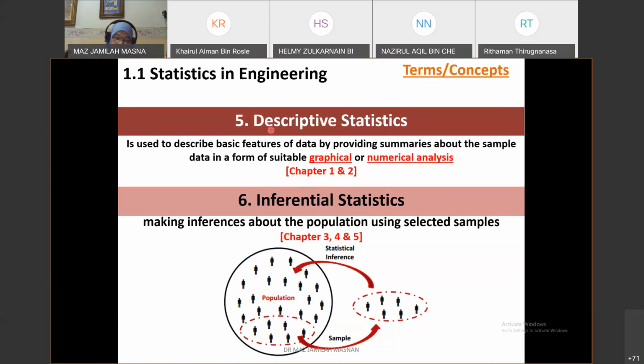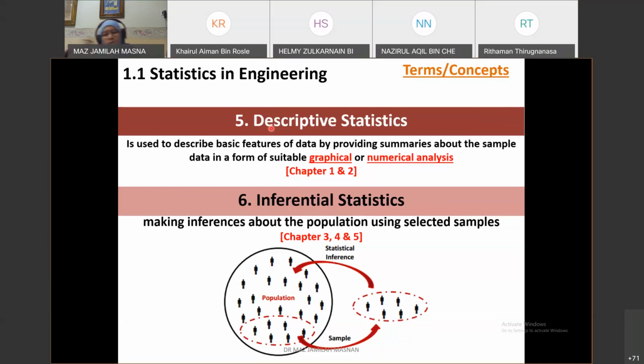What is describe? You tell how you describe. Are you going to describe by certain features? What are the features that you are going to use?